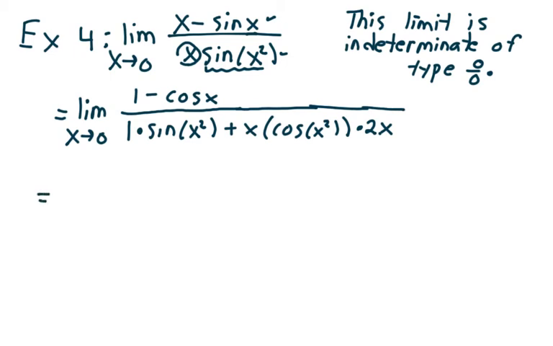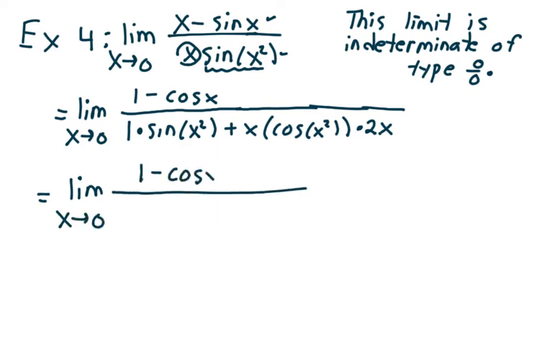So let's simplify this a little bit. So we get the limit as x goes to 0 of 1 minus cosine x for the top, and for the bottom, I get sine of x squared plus 2x squared cosine of x squared.